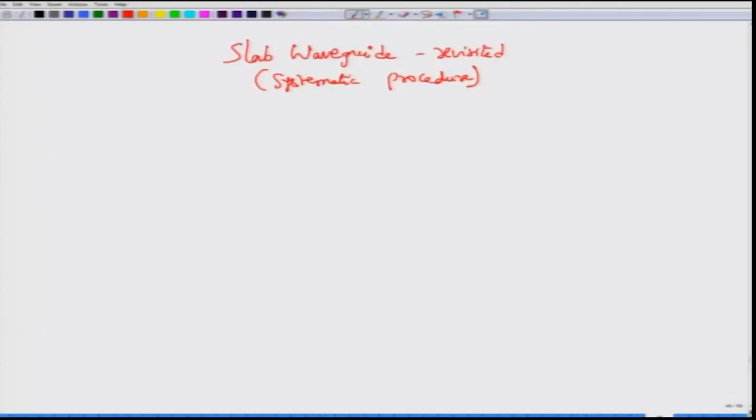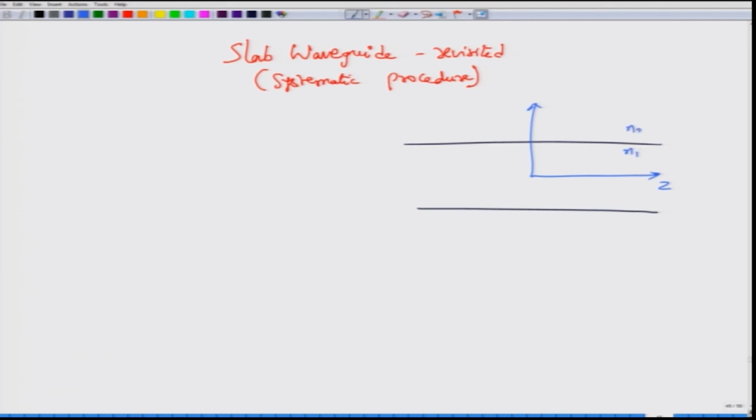Okay. So, we have already seen the first step of choosing the coordinate system, but I am going to change the coordinate system slightly, as I told you. We still have the waves propagating along the z axis, but now my x axis will start at the center of the slab. Of course, since this is a slab waveguide, there will be a refractive index n1 here and a refractive index n2.